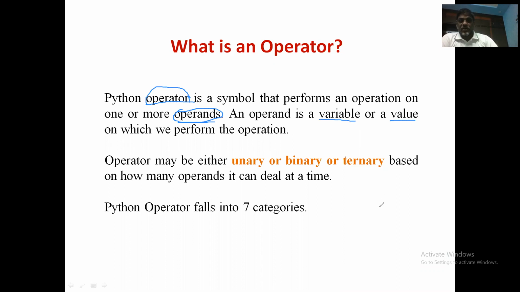For example, if you write something like a plus b, if this is the expression you are writing, then the plus is called the operator, and a and b are said to be operands. These two are called operands.